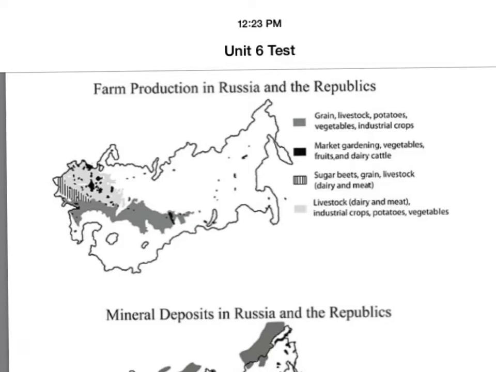So you can see that much of this grain, livestock, potatoes, this category is found in all parts of Russia, and it comes on up over to different parts of Georgia, Belarus, perhaps the Ukraine, and maybe parts of Kazakhstan.